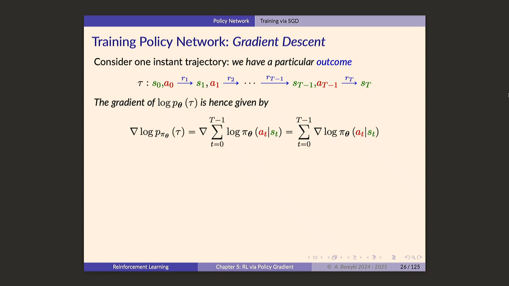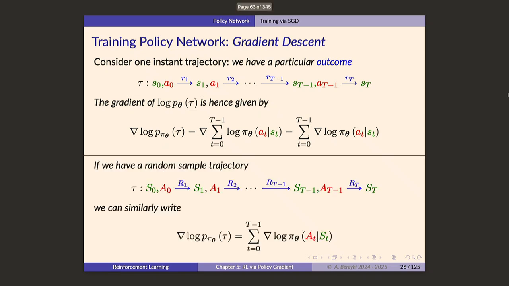Once it computes your pi, first you compute the log, of course, and then you backpropagate, and you get the first term. Then you put S1, A1, again go over the neural network, get the output, take log, backpropagate, second gradient, and so on until the last one. So this one you can definitely do computationally.